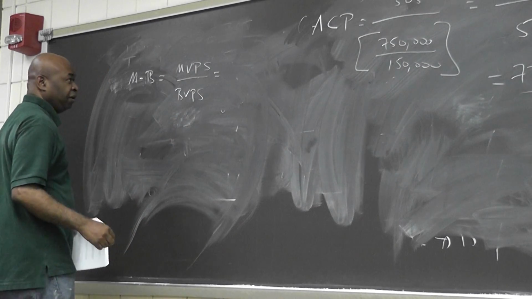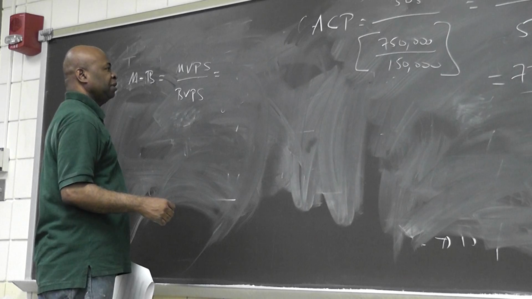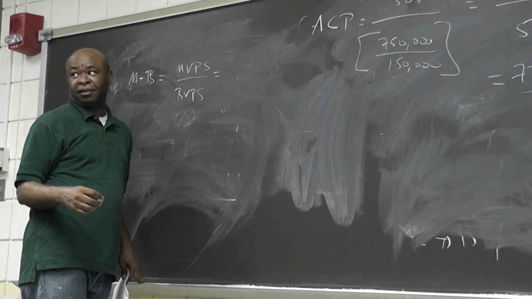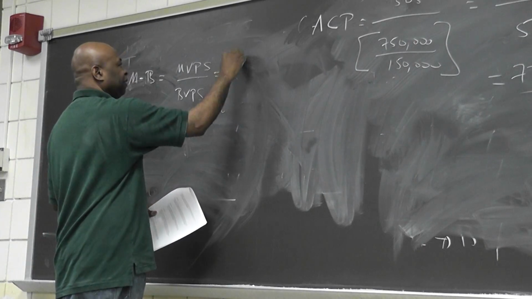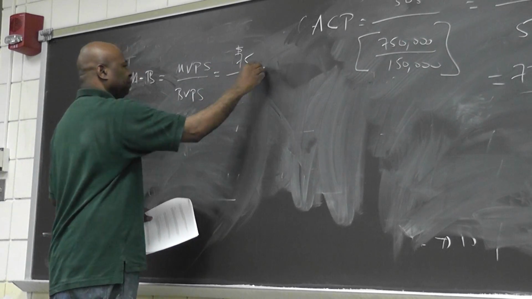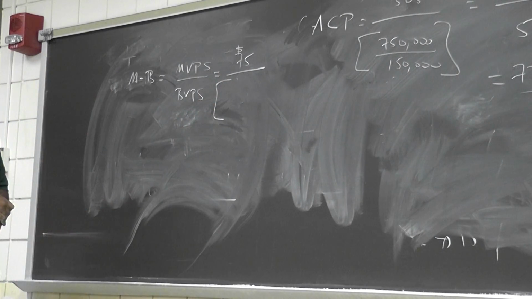And then the market value per share is simply the same as the price, which is 75. And then I divide this by the book value per share, and we could do that in one equation. What is the book value of equity here?